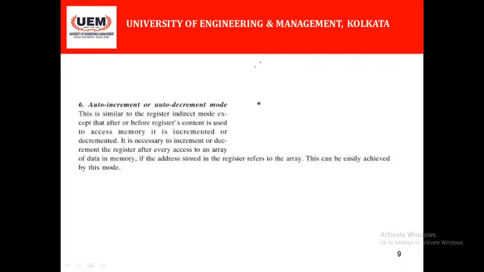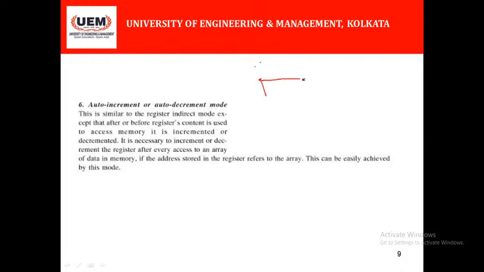It is necessary to increment or decrement the register after every access to an array or data in memory. If the address stored in the register refers to an array, this can be easily achieved by this mode.